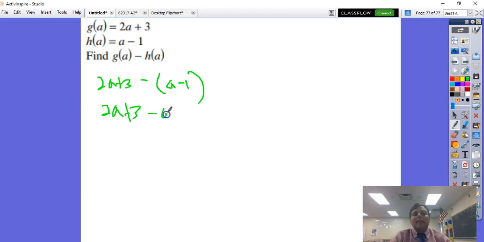So it becomes minus a, but then minus a negative 1 becomes plus 1, because it's like you're multiplying two negative 1s together. Now I'm going to put like terms together. So 2a minus a is just a. 3 plus 1 is 4. So a plus 4. So there you go.